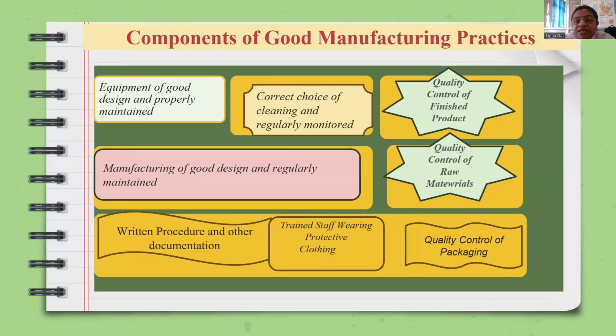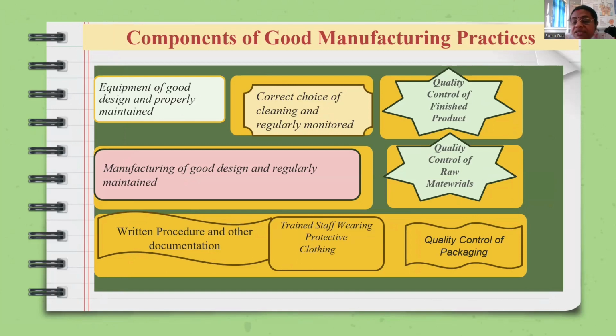So there are various components, like equipment of good design and properly maintained, correct choice of cleaning. There are various methods of cleaning. How they're cleaned, what methods are involved, what materials are involved, quality control of finished product, quality control of raw materials, manufacturing of good design, written procedure, and trained staff.